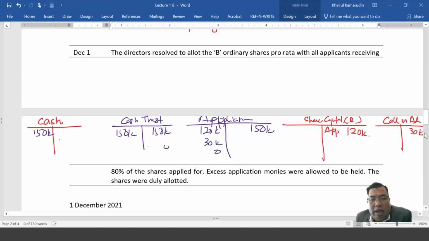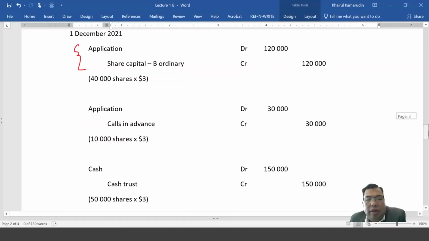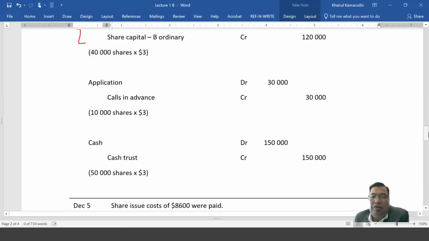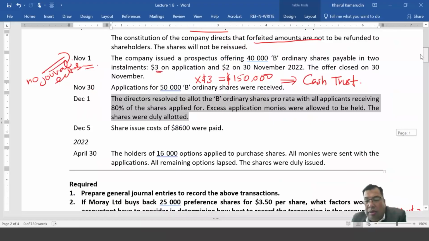So the balance here is 0. The balance there is 0. Are you okay? We're going to do this for your quiz one later on. So that is the journal entry. Any questions? No? Okay.